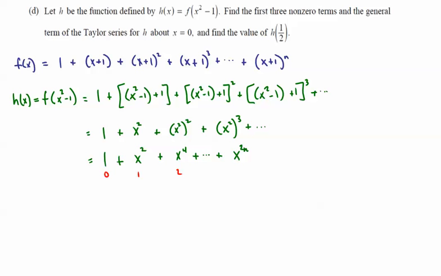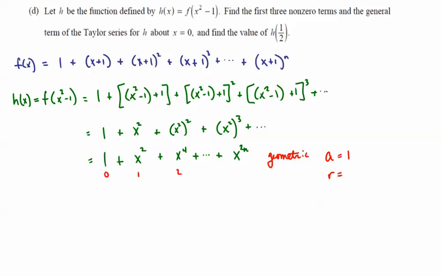Whenever you're looking for the value of an infinite series, you only know how if it's geometric, and this is geometric. If we were to write it here, our a would be 1 and our r would be x squared.